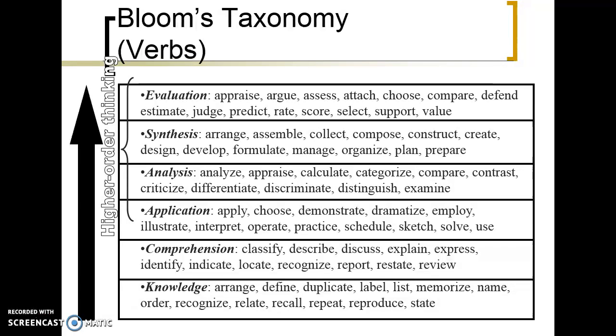Whereas if we want them to be up at evaluation, if we need them to be able to appraise, argue, choose, compare, defend, estimate, judge, predict, rate, score, select, support, and value, then that tells us exactly what kind of activities, what kind of lessons, how we should structure things, because we know what we need to teach them, so we know how to do it. So for me, Bloom's taxonomy cuts deep into both instructional design and learning theory.